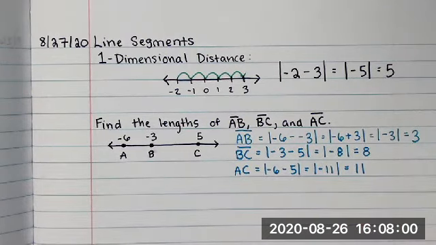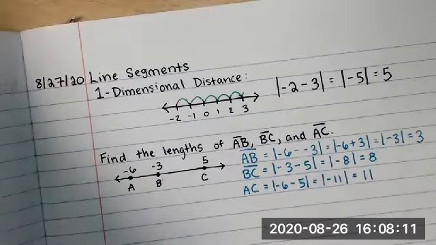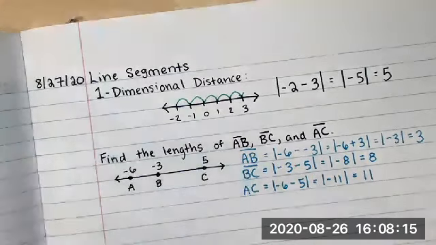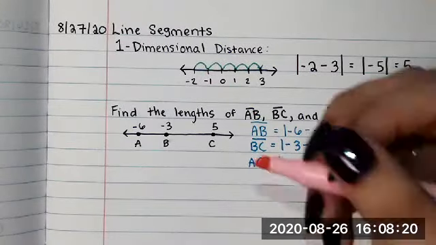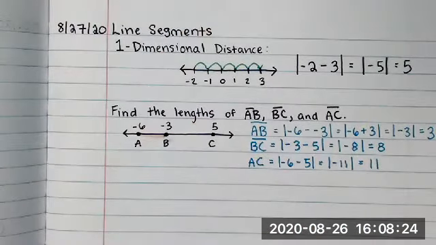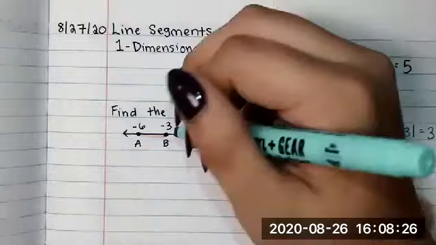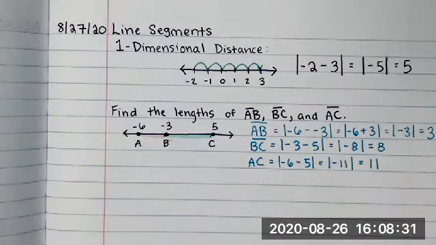Now let's take a moment and see if there's something we notice about AB, BC, and AC. I'm going to use some colors. I've got to pull them out though. Pink, blue, and sea green. So from A to B, it's there in pink. From B to C, it's here.